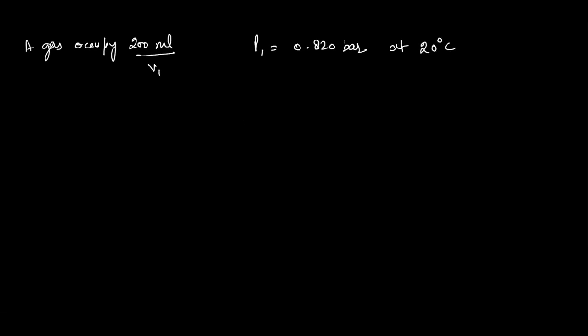How much volume will it occupy when the external pressure P2 is 1.025 bar, and the temperature is 20 degrees Celsius? V2 is being asked. Tell me, what would be the value of V2?